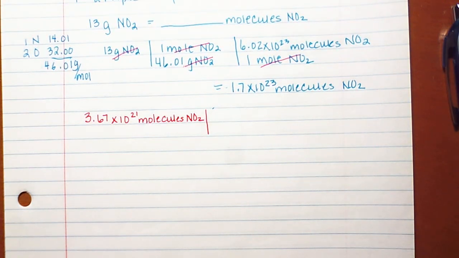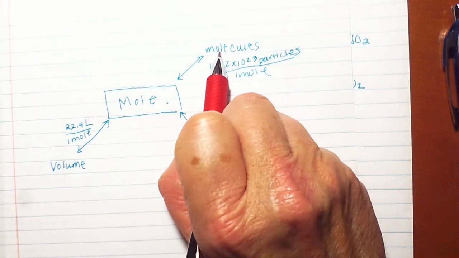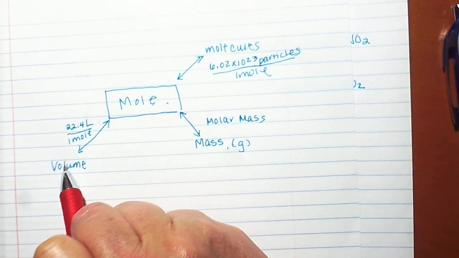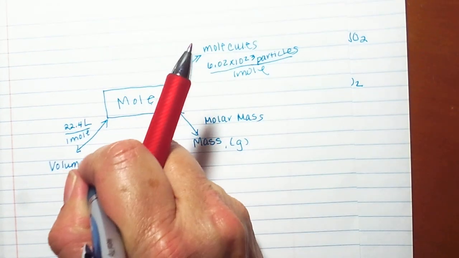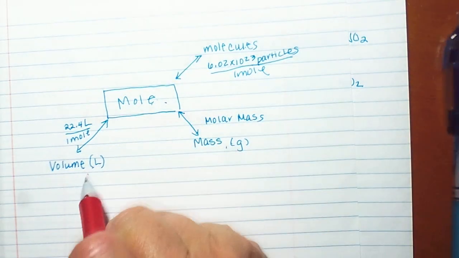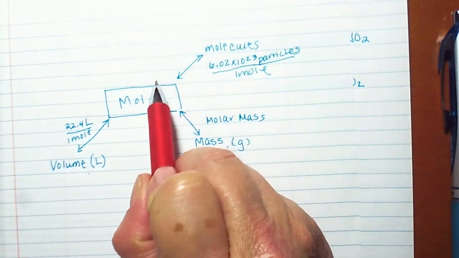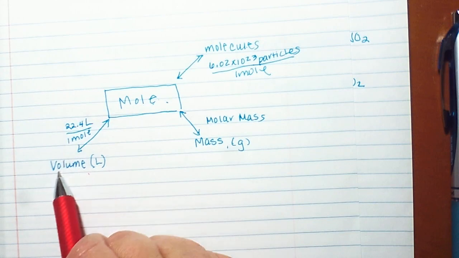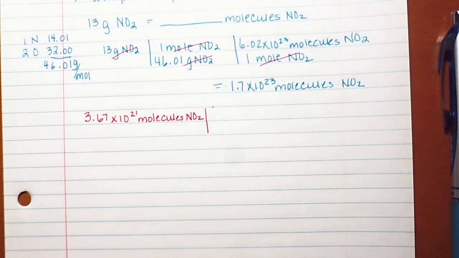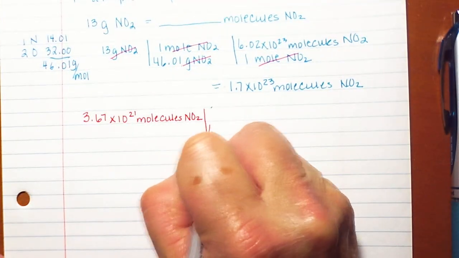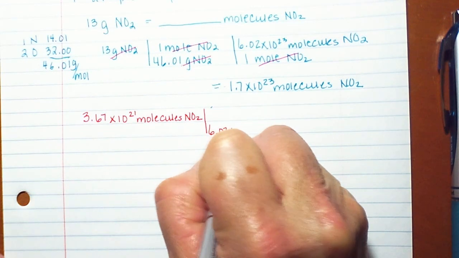So how many liters of gas will that many molecules be, right? So I look here, I'm at molecules, and I want to go to volume in liters. So I've got to go from molecules to moles, and then from moles to liters, 2 separate conversions. So first, I'm going to go from molecules to moles.